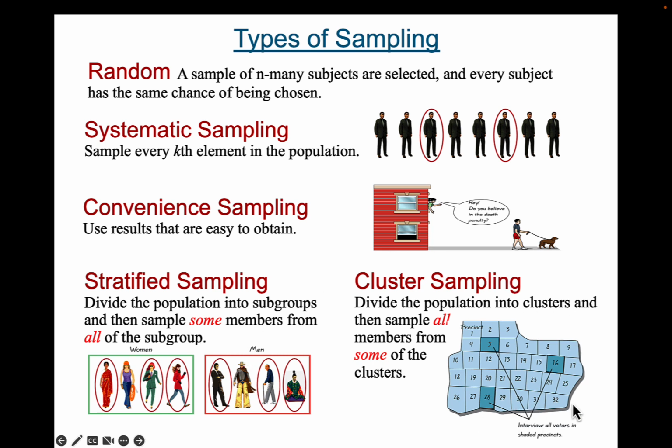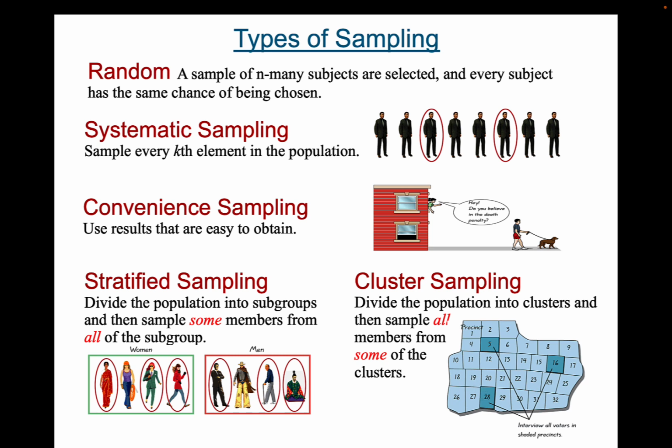Here we've grouped the population according to precinct. So precinct 1, precinct 2, anybody who lives here is in precinct 3, anybody who lives here is in precinct 4. Okay, so both stratified sampling and cluster sampling group their members in some way. So that's the similarity and the reason why I believe they get confused.